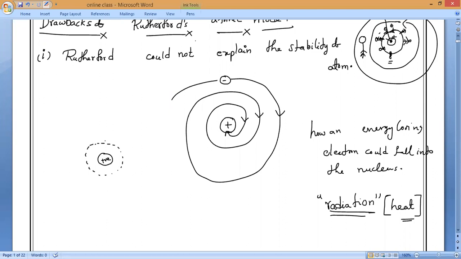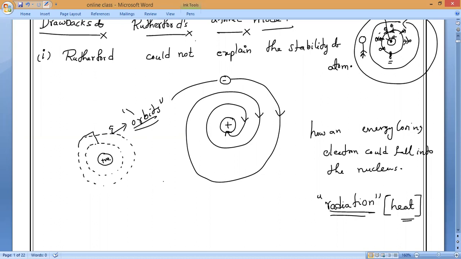Electrons are not stationary, but they revolve around the nucleus in a specified path. That path he called, what is that path, guys? Orbits.